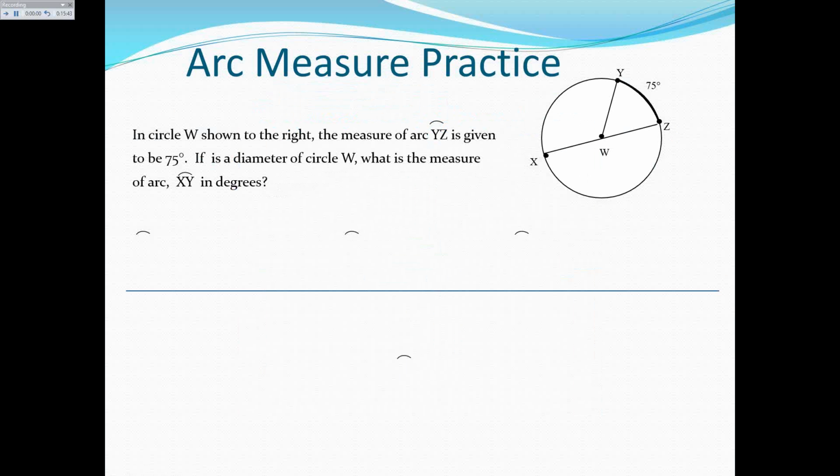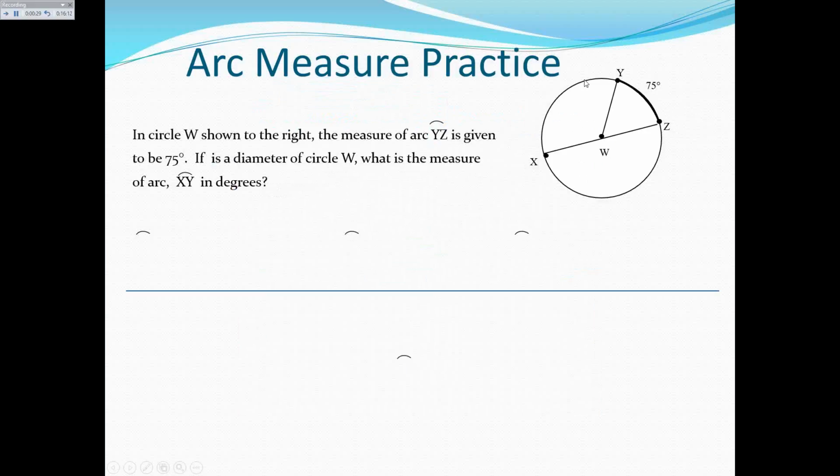Let's see if we can work some problems with arc measures. In circle W, shown to the right, the measure of arc YZ, I see it right here, is given to be 75. If XZ is the diameter of circle W, what is the measure of the arc XY?